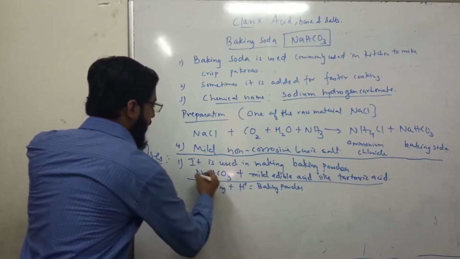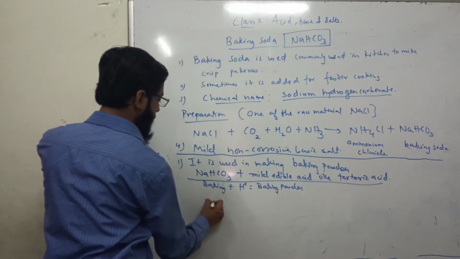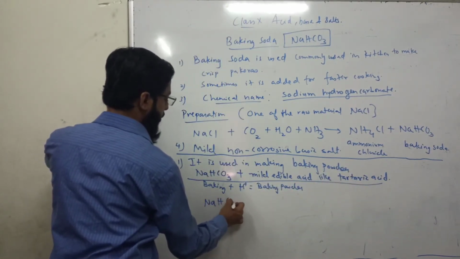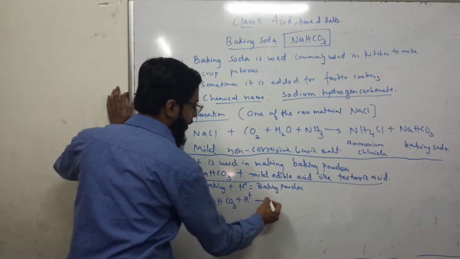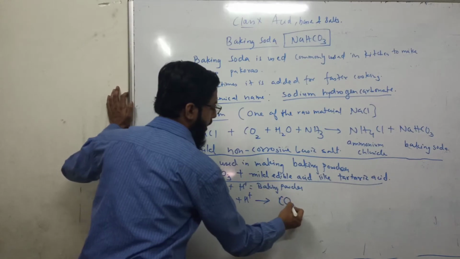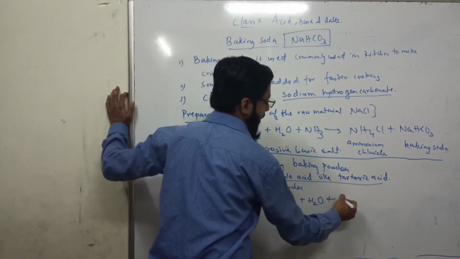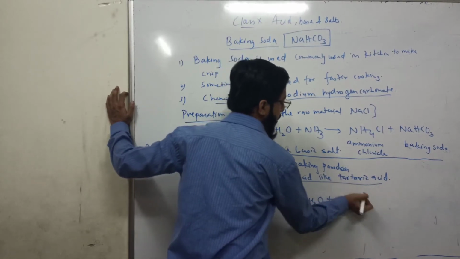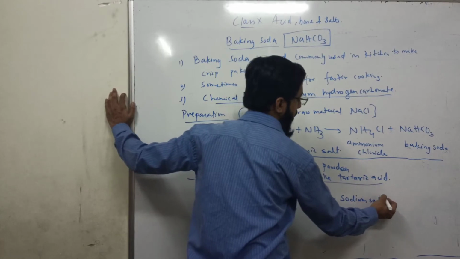Baking soda plus acid is baking powder, but when you heat it, CO2 is released, steam and water are produced, and the sodium salt of the acid is formed.